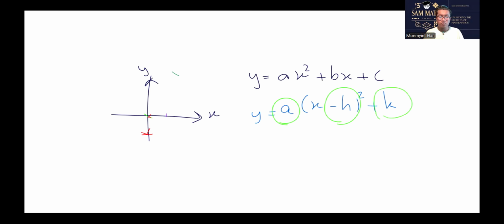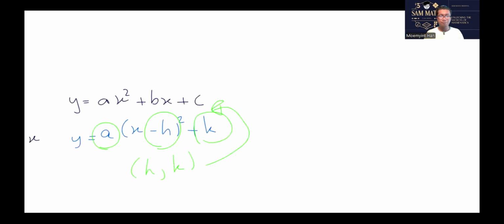So our vertex will be in the form of h comma k. If we encounter a graph in the form of ax squared plus bx plus c, to find the point of the vertex, what we can do is compare these two formulas over here. So we can find a way to get the vertex form, right?